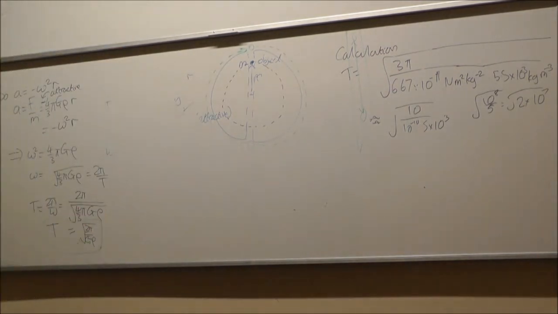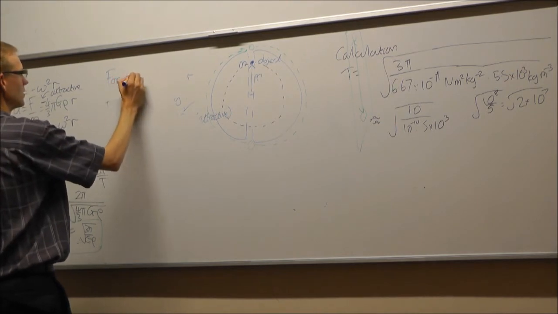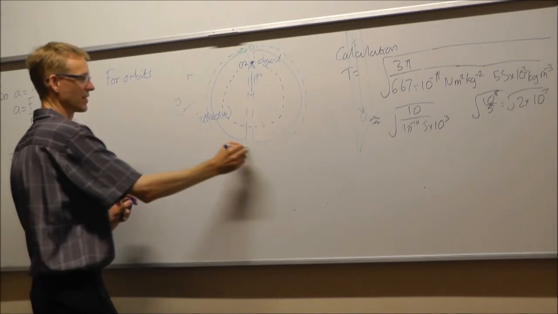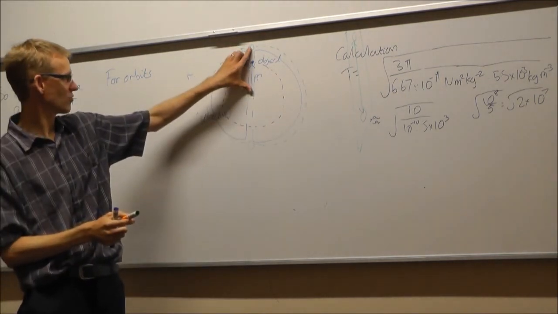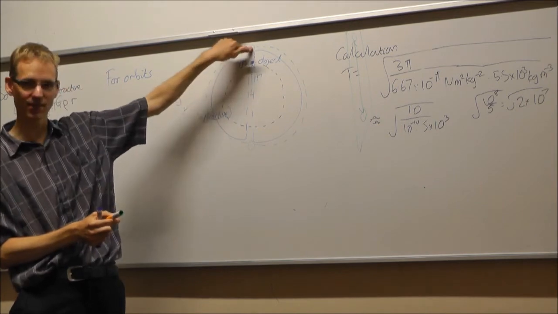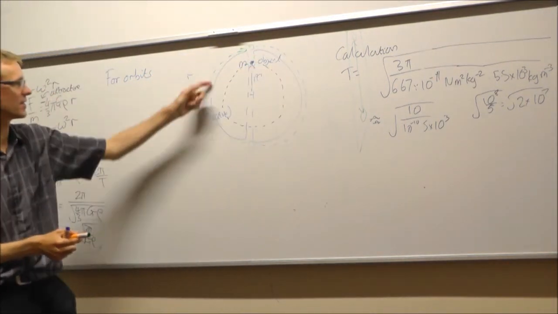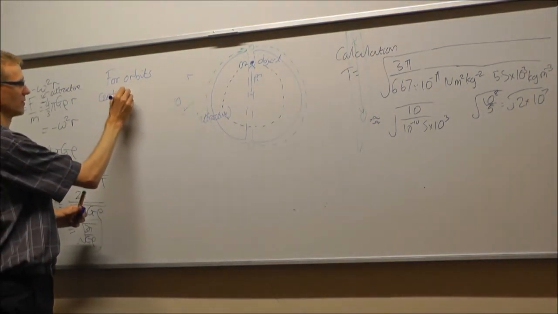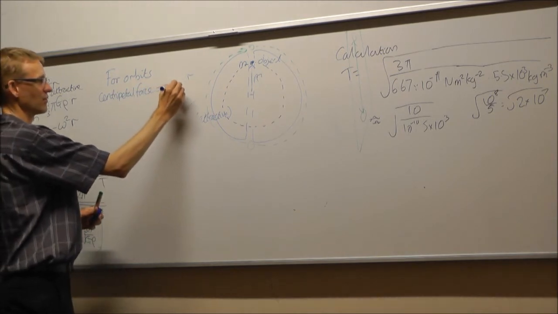Right, so for orbits, so low Earth orbit, I know that my centripetal force is given by the force of gravity. That's what's keeping this thing going in circular motion. So centripetal force equals gravitational force.